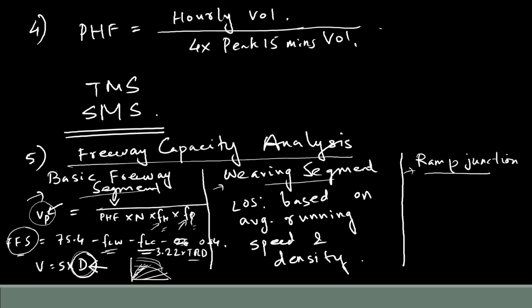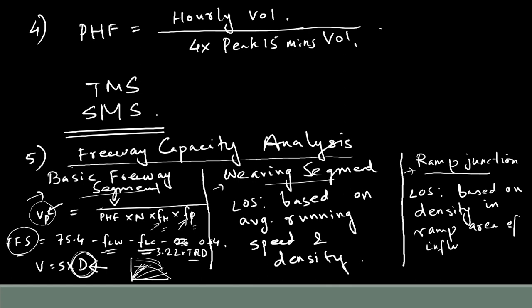That's how the weaving section level of service is calculated. The ramp junction level of service is calculated based on density in the ramp area of influence. Let's say this is a ramp.